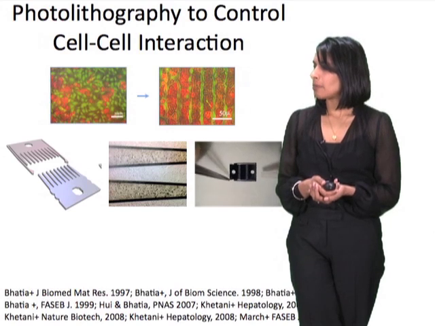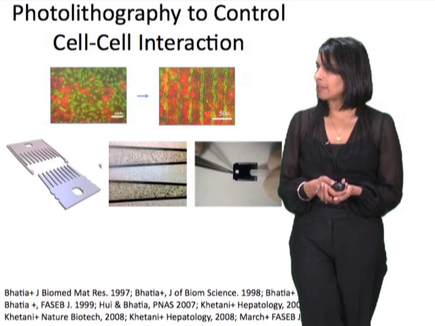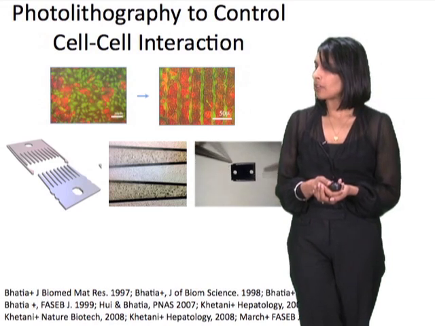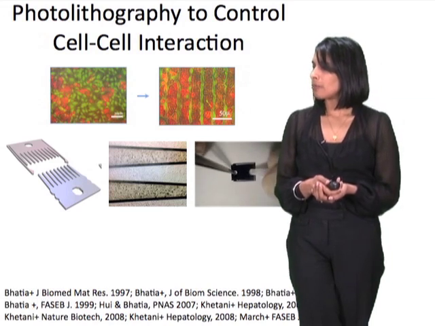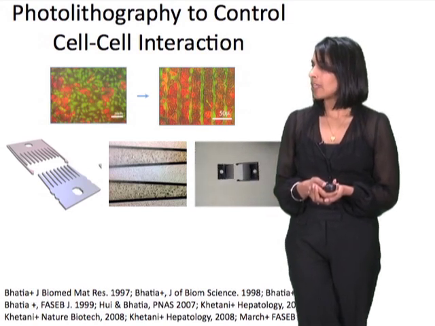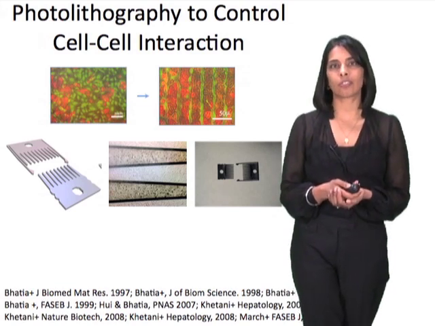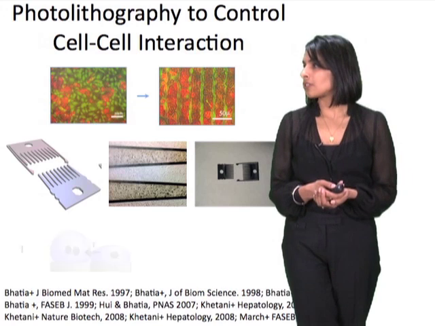You can see that they've been brought together in what we call gap mode, where they're separated by an 80 micron gap, but they're not allowed to touch. Now they've been brought into contact mode, where they're allowed to touch, and now they're separated completely. This allows us to study the dynamics of cell-cell interaction using microfabrication.